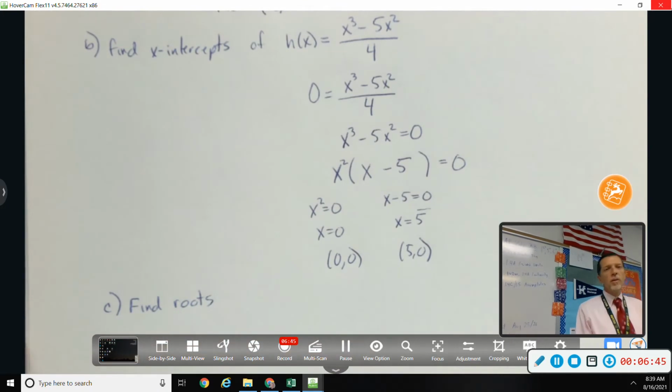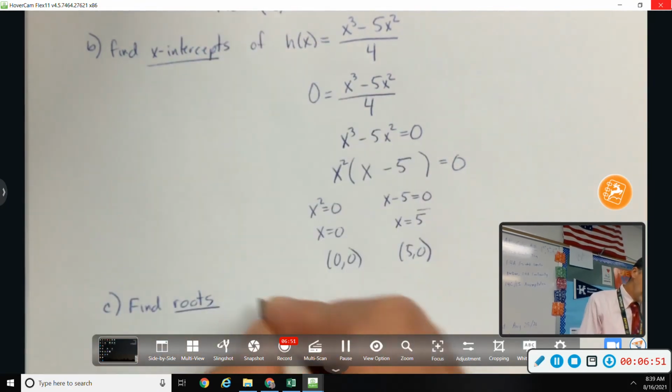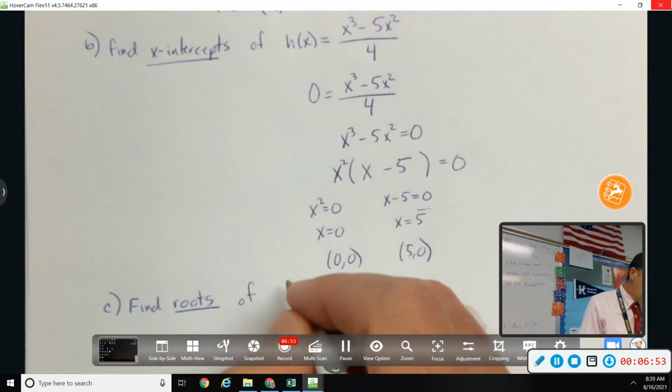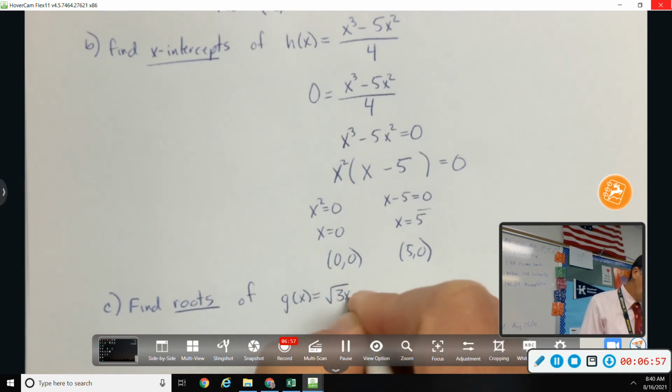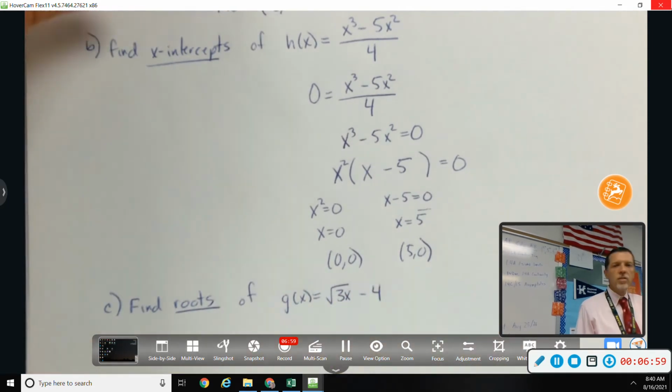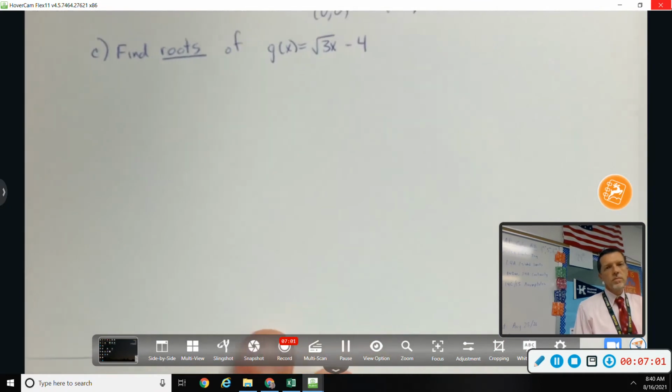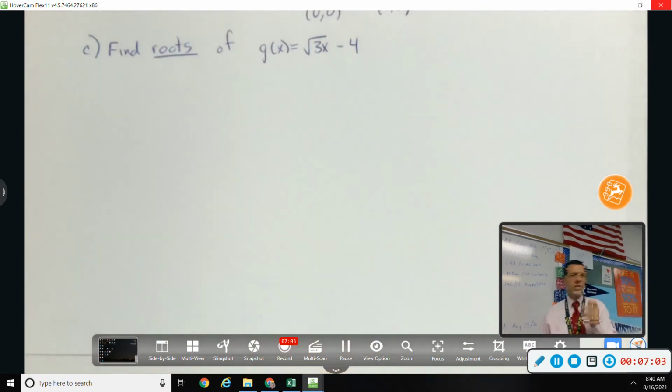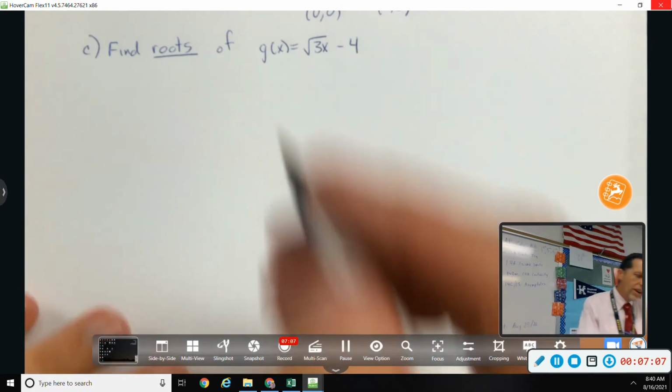For the third problem, let's find the roots. It's just the same thing. Find the roots of g of x equals square root of 3x minus 4. So again, we're combining some algebra with some vocabulary.